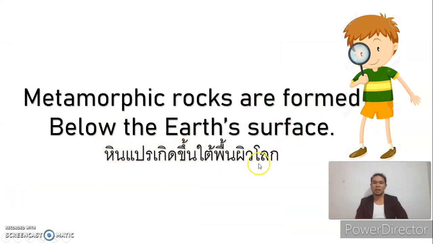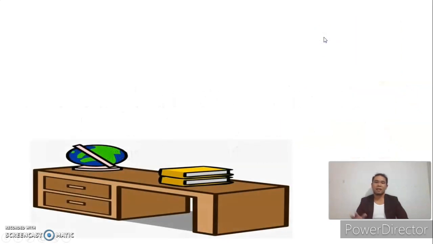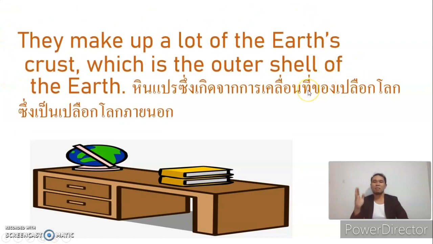Metamorphic rocks are formed below the earth's surface. You can read the passage. Yes. And they make up a lot of the earth's crust, which is the outer shell of the earth.